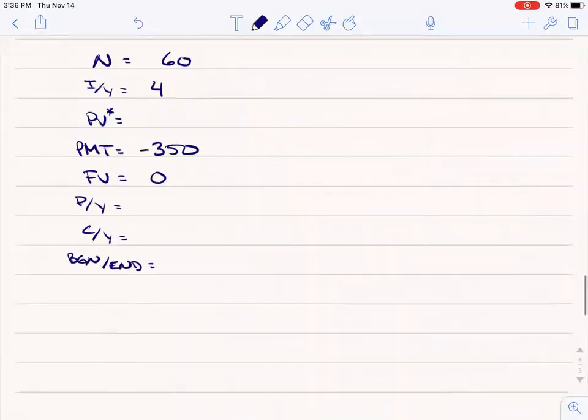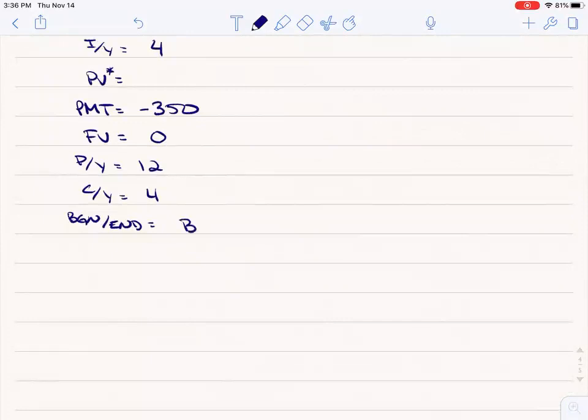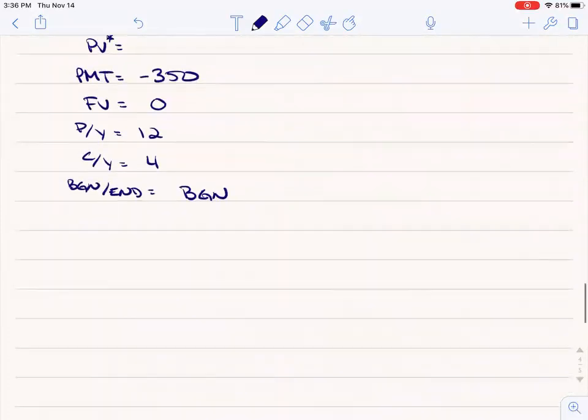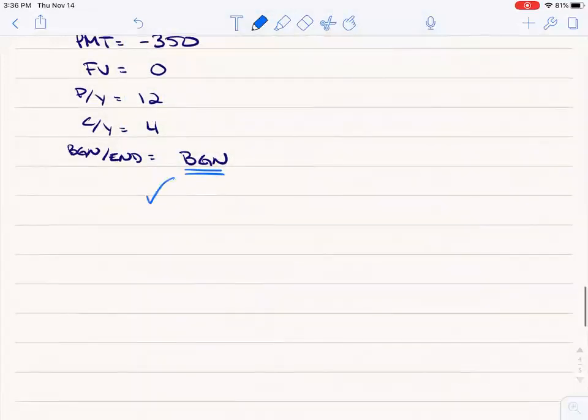And then we said that we have 12 payments per year and 4 compoundings per year. And this is where we have to change it to the beginning mode. This is the only thing that's changed.